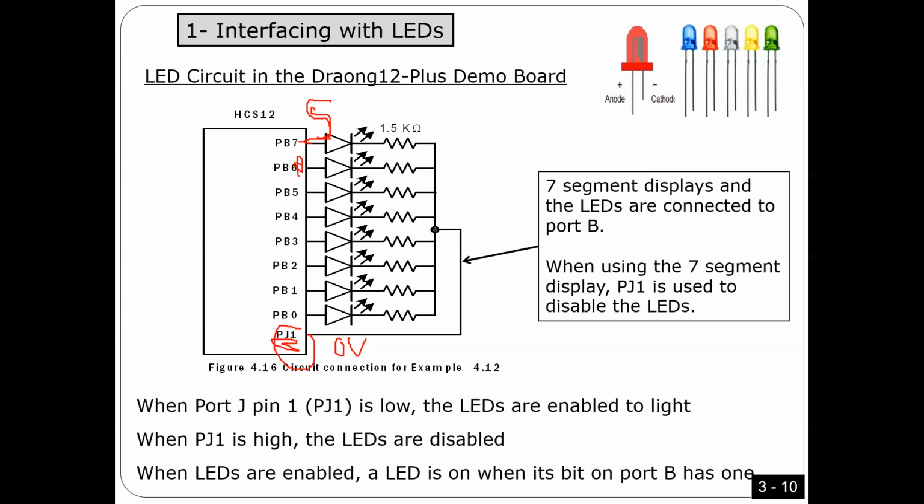Because if you put logic 0, the pin should have 0 voltage. And because there is 0 voltage here and 0 voltage there, you turn it off. Make sense? Okay. If I want to turn the LED on, all what I have to do is just put one here. Very easy. You just have a byte and you can bit set or bit clear. Very simple. Just programming.